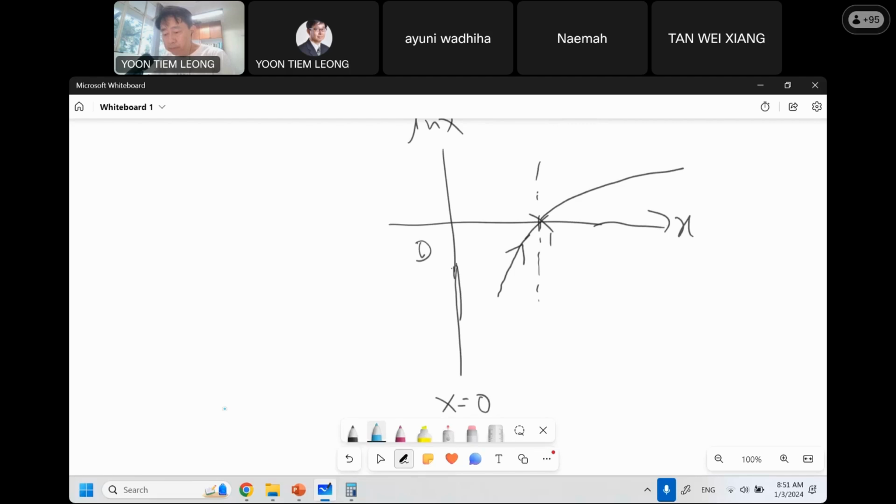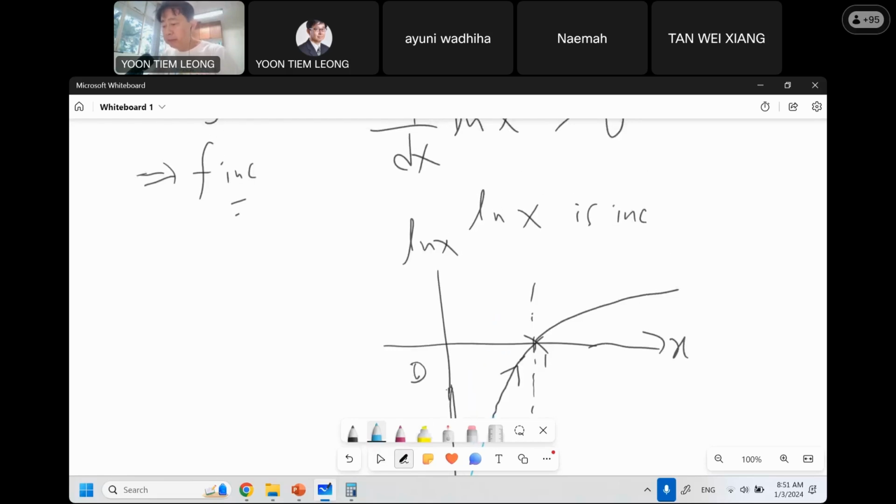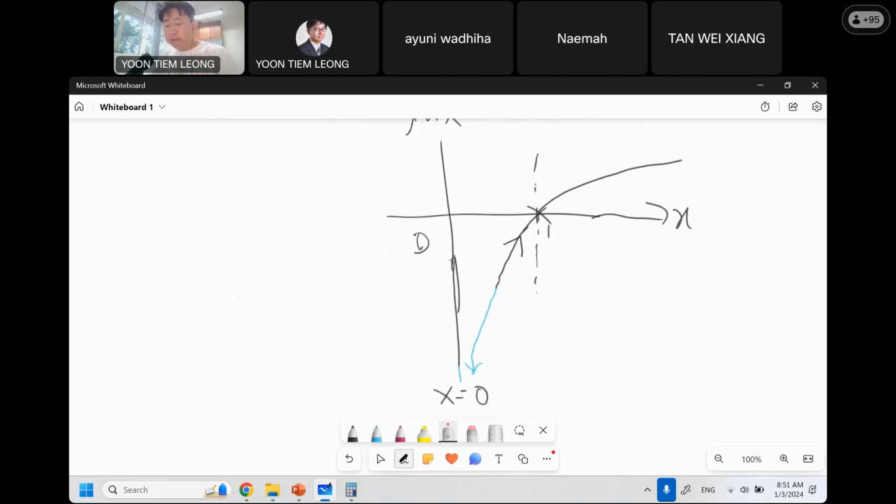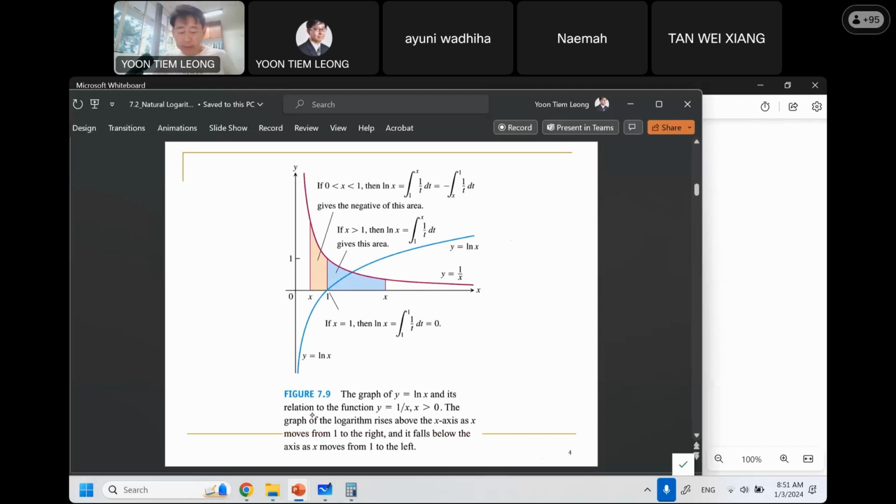Therefore, the function extends to minus infinity when it approaches x equals 0 from the right. Therefore, the fact that the natural log has a derivative that is always positive means that the graph of the natural log is increasing from the left, starting from minus infinity. That looks something like this.